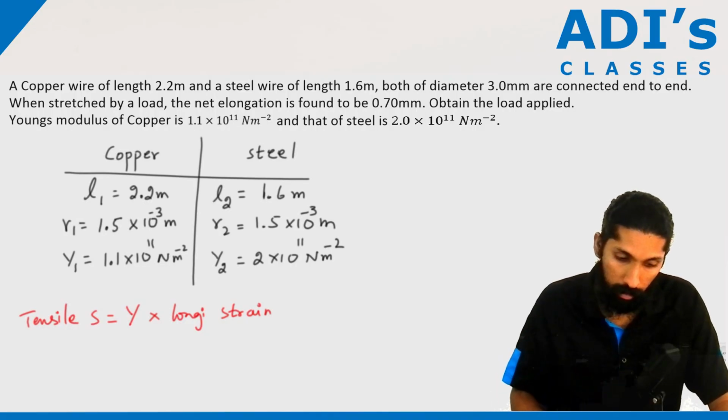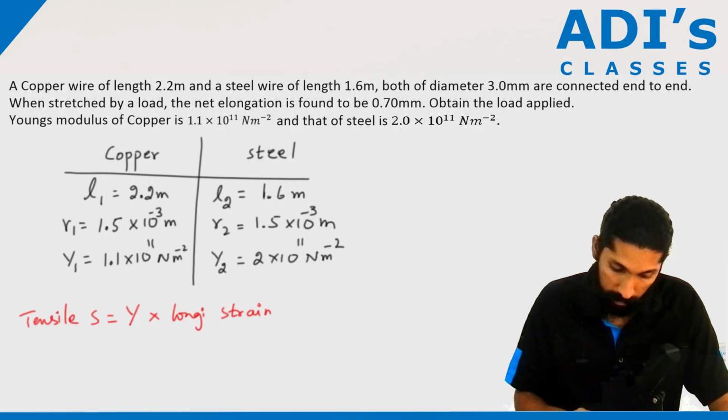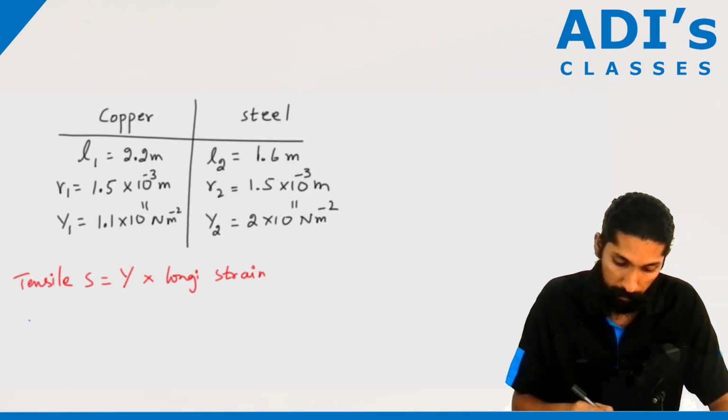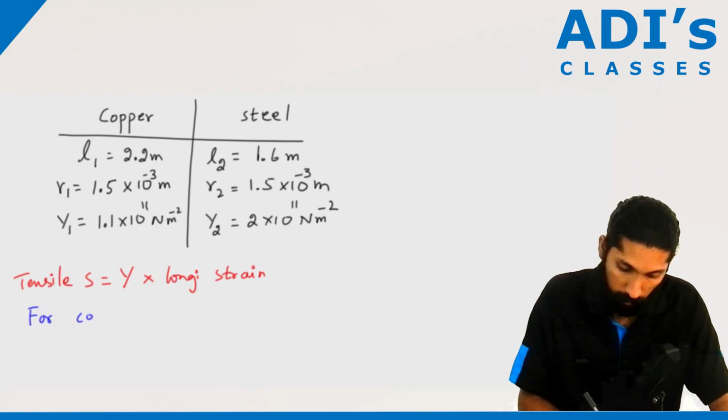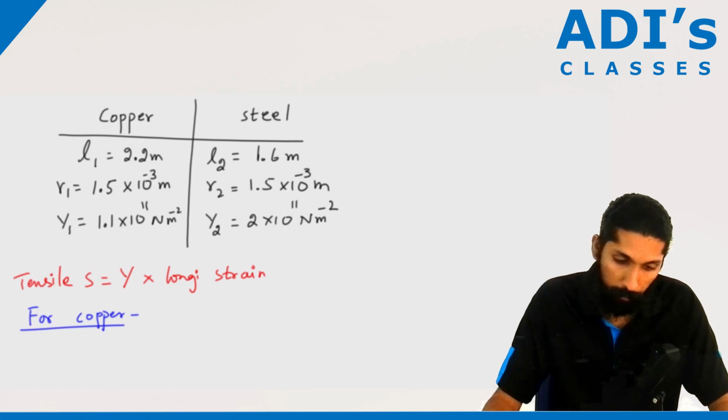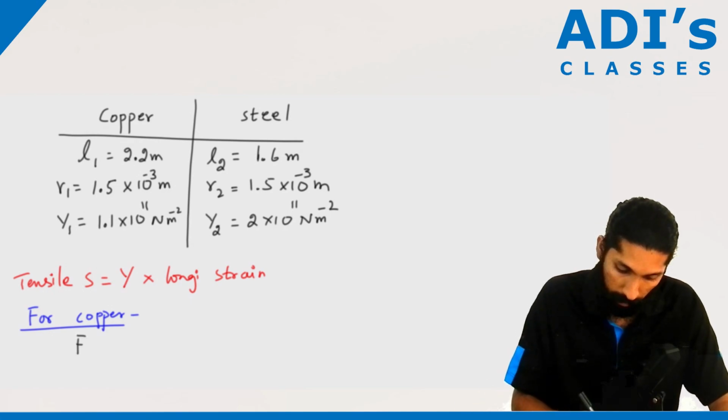Alright, now let's look at the next one. How do we go about it? You will have to take it for both the cases. So for the first case, that is for copper, let's be very specific about it. For copper, you have F divided by A is equal to, now guys, what is the formula?